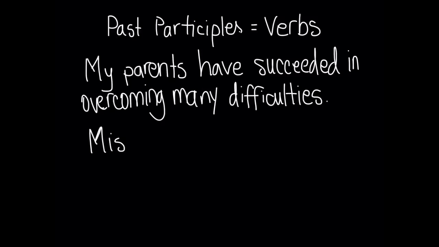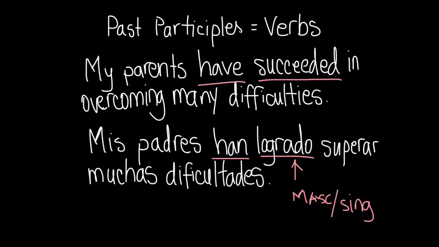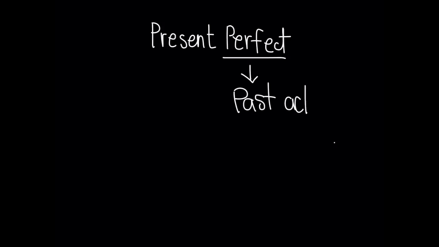Mis padres han logrado superar muchas dificultades. So notice that when the past participle is used as part of the verb, it takes the masculine singular form. So now that we know what past participles are and how the present perfect is formed, we're going to talk about when we use it.